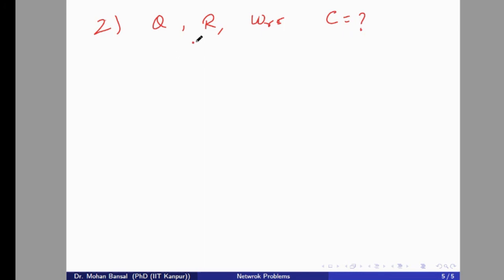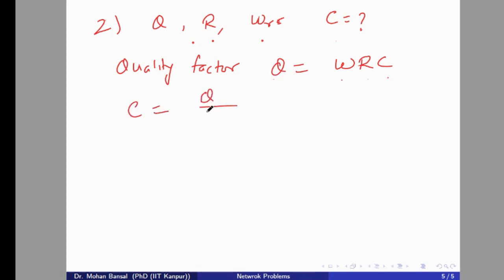We know Q, R and omega R, and we have to compute the value of C. The formula for the quality factor is Q equal to omega RC. Q is known, omega is known, R is known. C can be computed by Q divided by omega R.